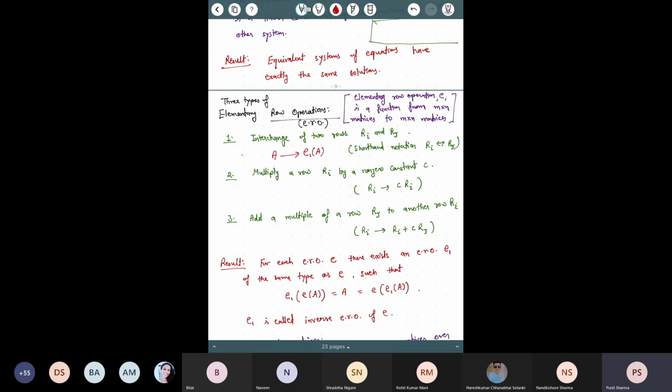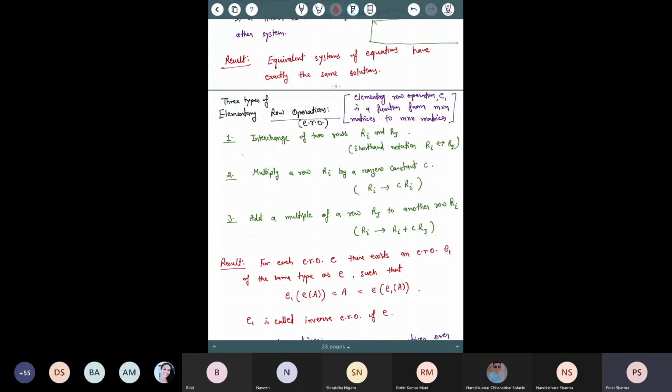So it's just like a function: you were given a matrix A, and then you have applied the first type of operation, and you get another matrix. I call this E1 A. E1 is the first operation I defined. And similarly, you can talk about this. This is just for the understanding purpose, that we can consider them as functions.